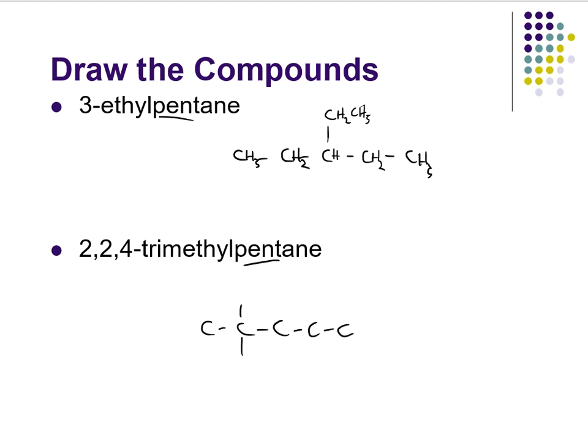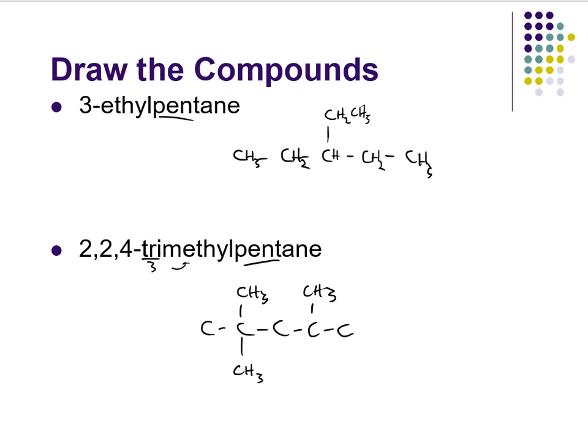I get a methyl group, right? Trimethyl. That means there's 3 of these methyl groups. Where are those 3? On carbon 2, on carbon 2, and on carbon 4. That's where those are going to be located. A methyl group is 1 carbon, right? So CH3, CH3, and CH3.